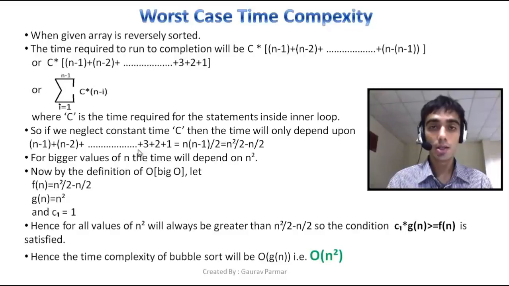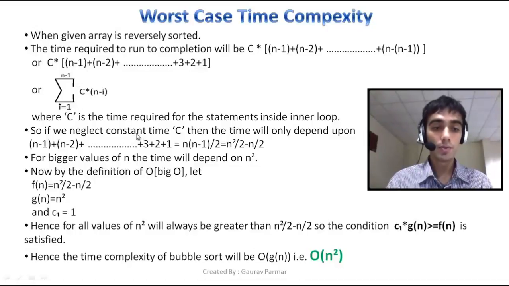So in that case the time required to run to completion will be dependent on c into n minus 1 plus n minus 2 and so on till 1, and it can also be written like this one. Here c is the time required by the inner statements inside the inner loop, and if we neglect c, then we shall be left with this expression.